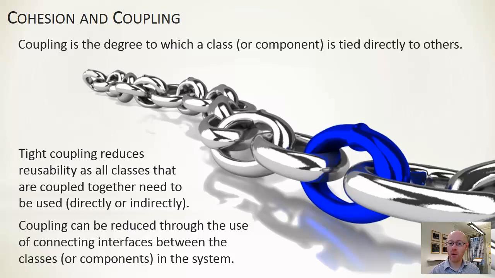And depending upon the degree of coupling that they have with other classes, you can very quickly get yourself into a position where trying to remove one class means that you're bringing large swathes of the system or other classes with you. So ideally, we don't want to have things that are tightly coupled because it limits the reusability of our system. Things that can help improve the coupling, to have not as tight coupling, is through the use of interfaces.